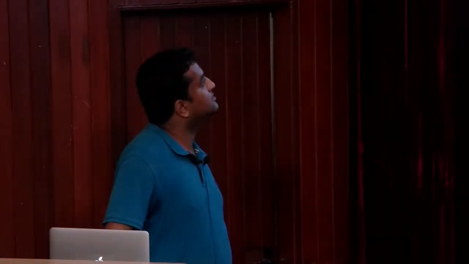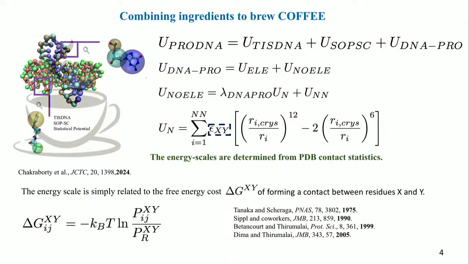Is it not? So how is it otherwise capturing it? So this epsilon XY that I showed here, let me just go back to this slide. Yeah, this epsilon XY energy scale is actually different for lysine phosphate contacts and arginine phosphate contacts.